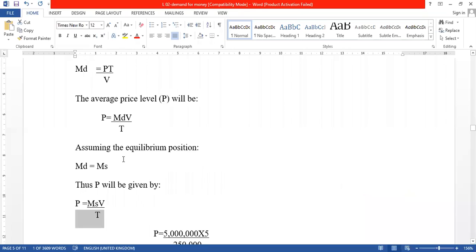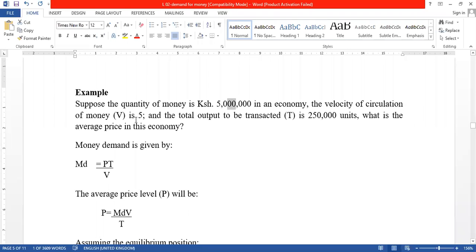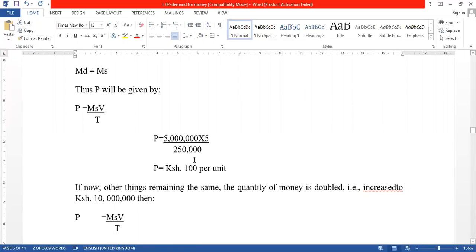Applying this in our setup, we've been told the quantity of money in an economy, that is the money in supply, is 5,000. The velocity is 5. But the total output transacted is 250,000 units, which is our T. If you replace this here, you get P is equal to the money in supply, 5,000, multiplied by velocity, which is 5, divided by the transactions, 250.